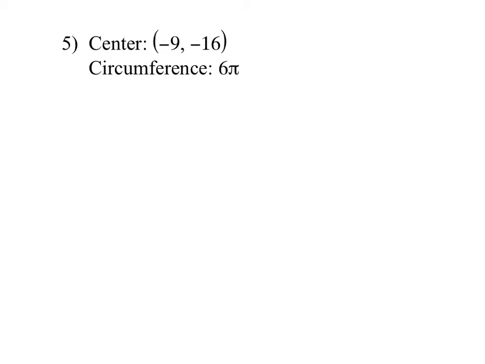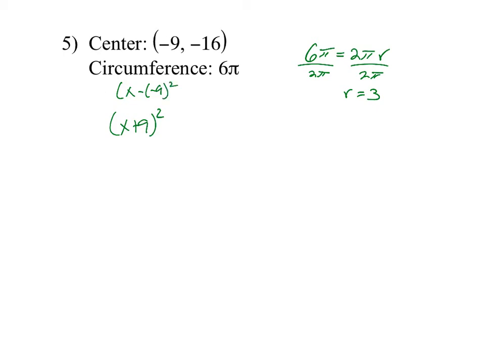Now again, my circumference. So 6 pi equals 2 pi r. I'm using this one because I want to find the radius. So divide by 2 pi on both sides, so that means that r equals 3. So I have x plus 9. Again, it's the opposite, because I'm going to have x minus 9.